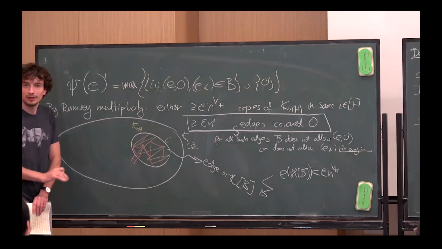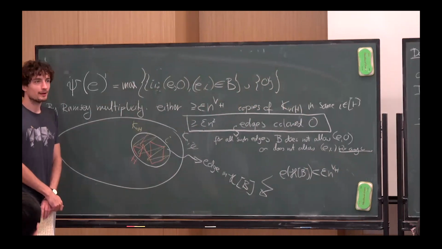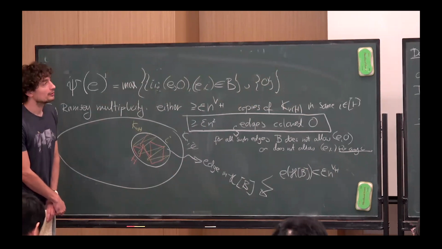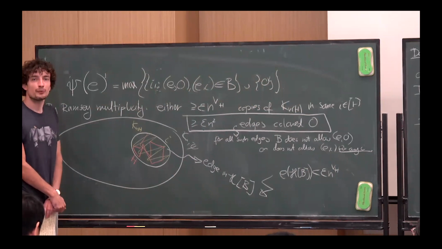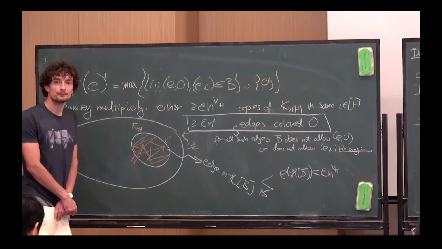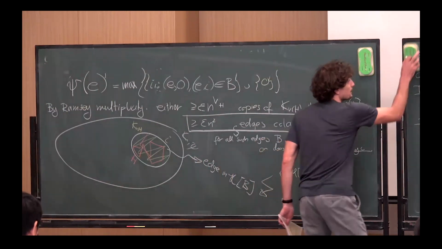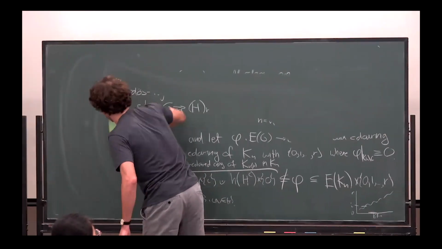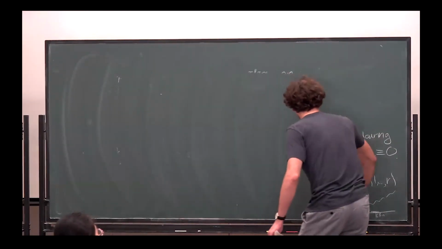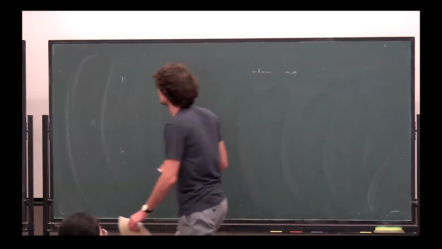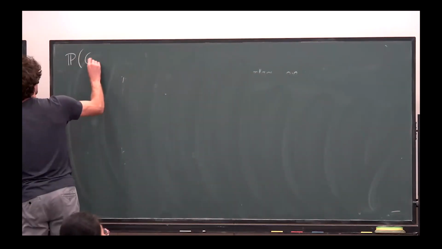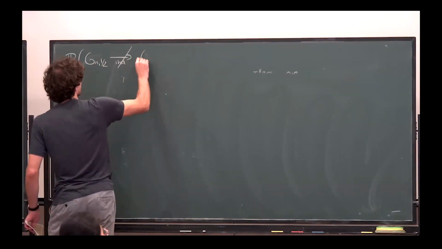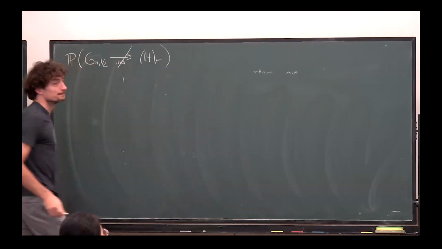Okay, now we're really at the end. Let's consider now the event that Gn1/2 is not Ramsey. What's the probability that Gn1/2 is not induced Ramsey for H in our colors?